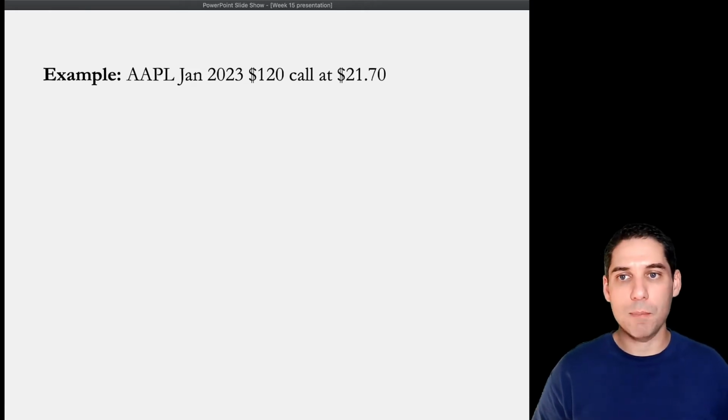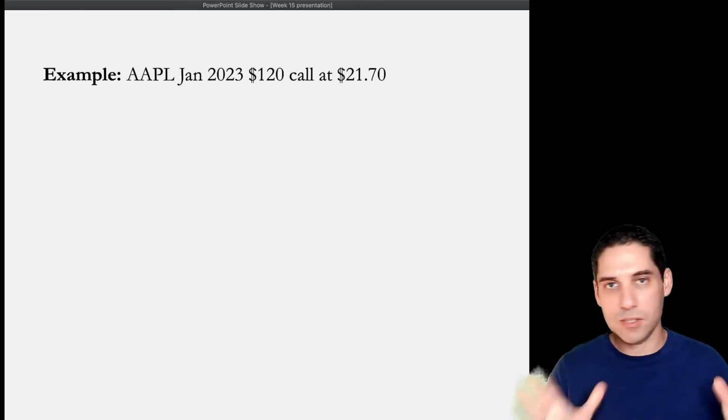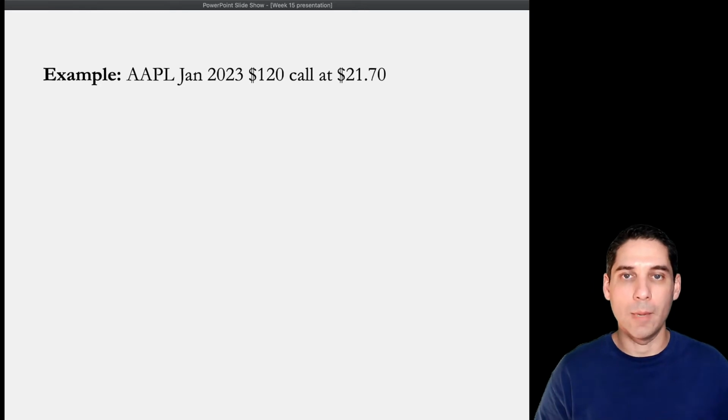So this is an option written on Apple stock. January 2023 means that's the expiration date. In monthly options, the convention is that the expiration date is the third Saturday of the month. It's not too important; you don't need to worry about that.